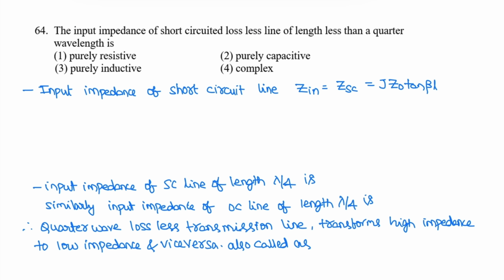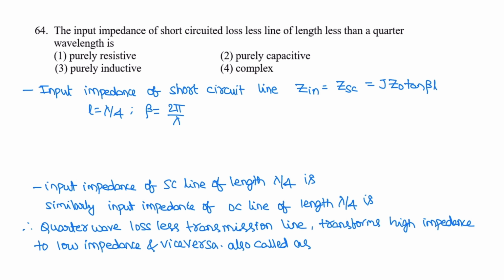Next question. The input impedance of a short circuit lossless line of length less than quarter wavelength is. So input impedance of a short circuit line is given as Zin is equal to Zsc, that is j Z naught tan beta L. We know that beta is 2 pi by lambda.